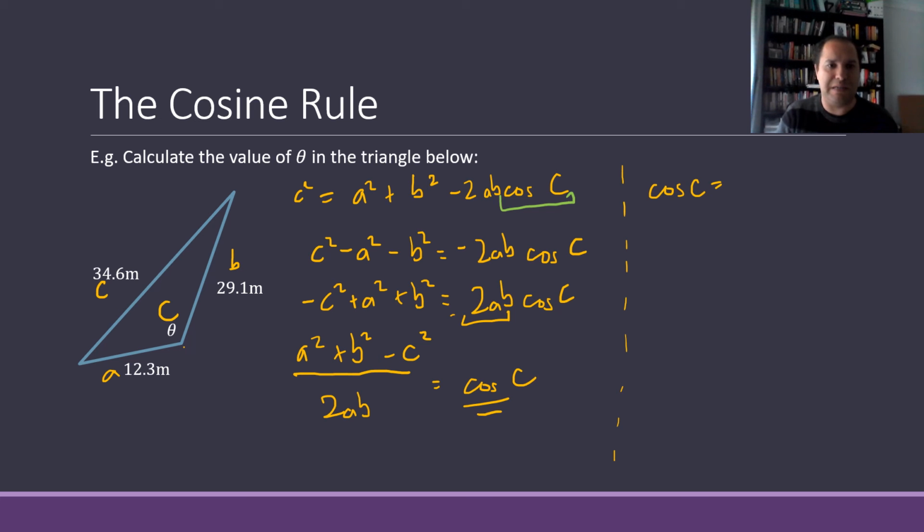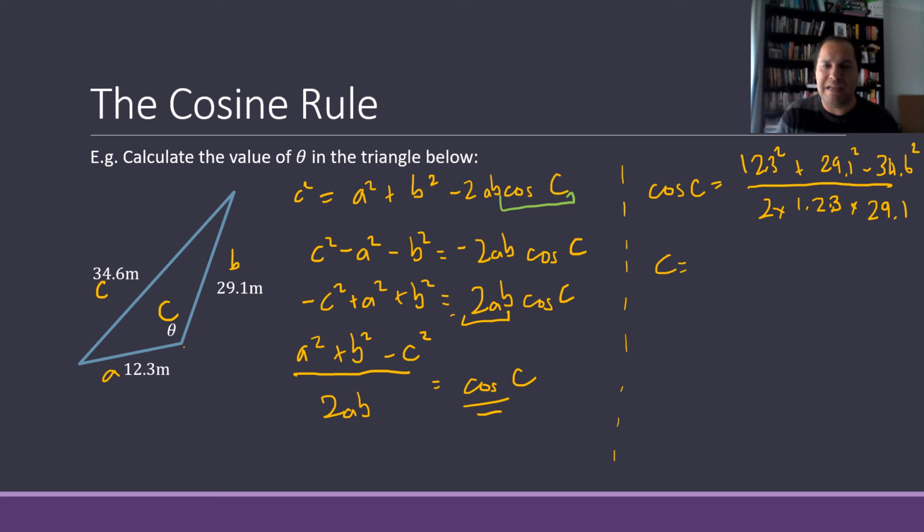Cos C is going to equal a squared, which is 12.3 squared, plus 29.1 squared, minus 34.6 squared, all over 2 times 12.3, not 1.23, times 29.1.